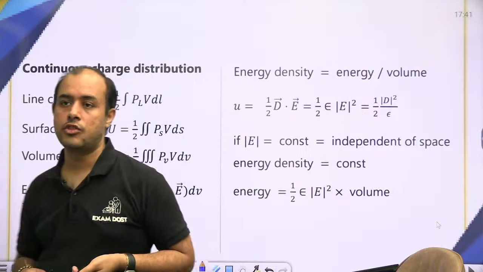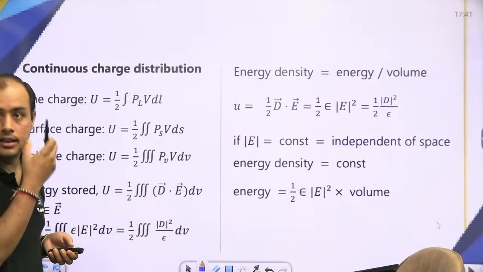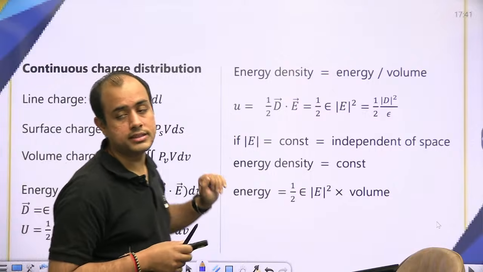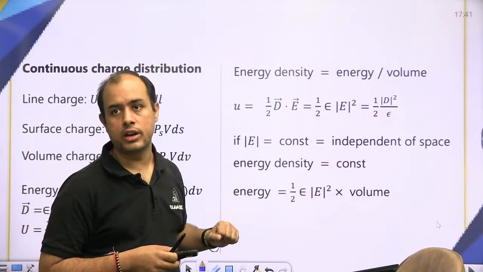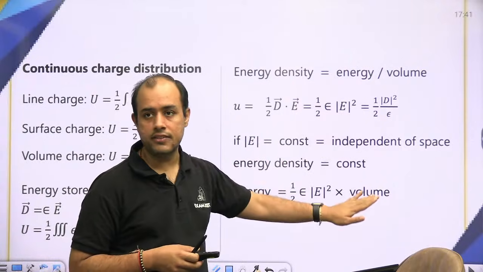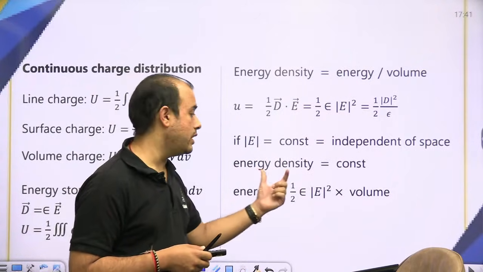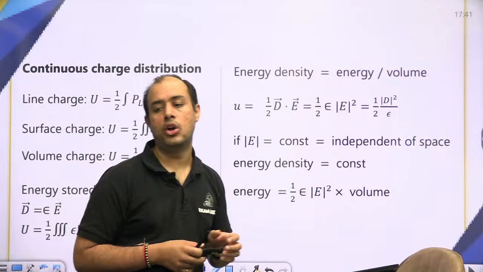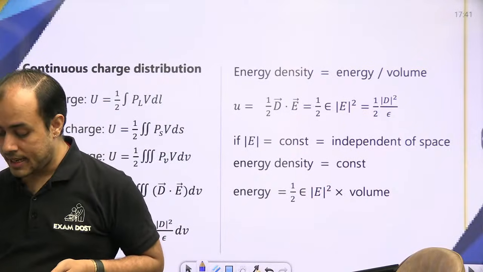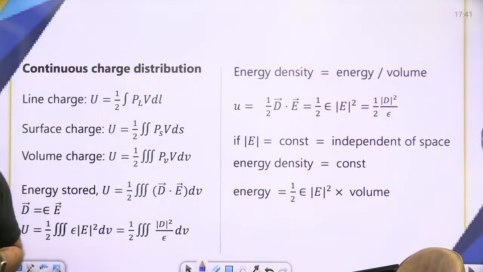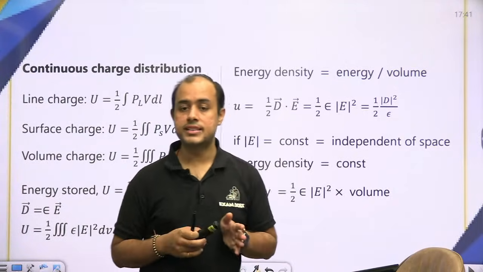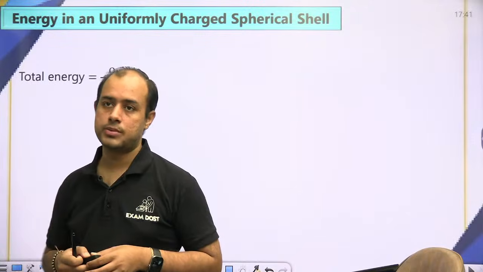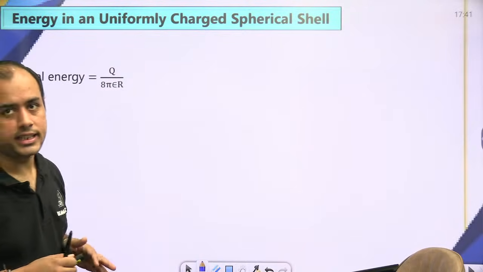Energy per unit volume ये मेरा बन जाता है. So if electric field is constant, that is uniform field which is independent of the coordinates, energy density will be constant. So energy will be energy density into volume. तो अगर आपकी इलेक्ट्रिक फील्ड कांस्टेंट आती है ना, तो एनर्जी डेंसिटी भी कांस्टेंट बनती है और फिर एनर्जी होती है डेंसिटी इनटू वॉल्यूम. सिंपल, you don't have to integrate.